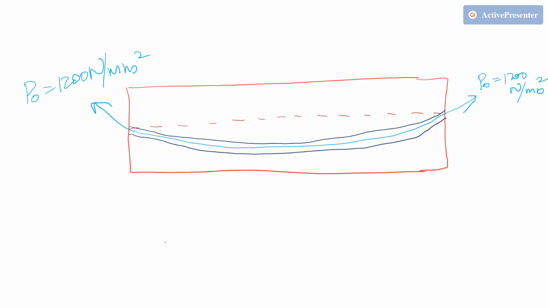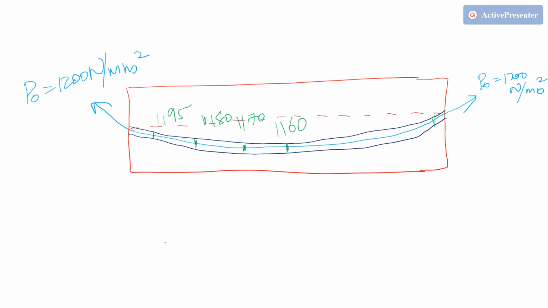So what happens is, there will be some friction between this duct and this reinforcing cable, and as a result, there will be a reduction in this pre-stressing force. Suppose this is 1200, there will be some reduction here, 1195, then some reduction here, that is 1180, some reduction here, 1170, some reduction here, at this mid 1160.